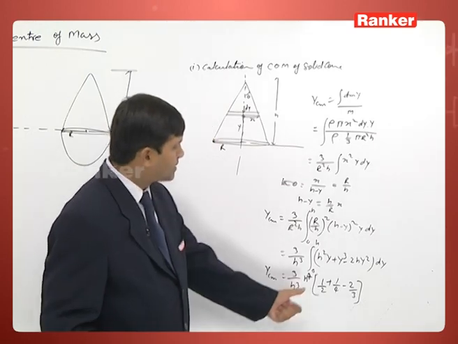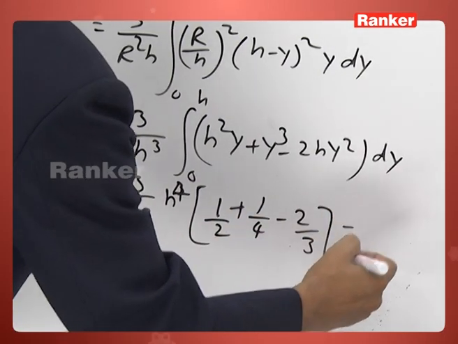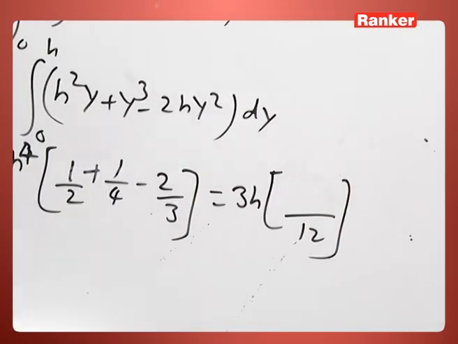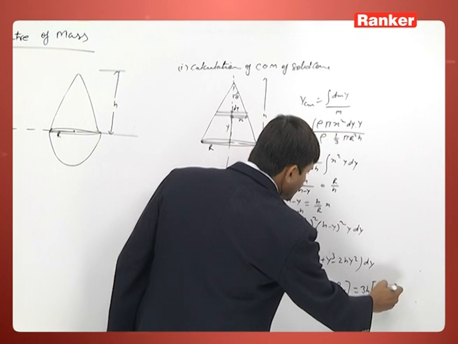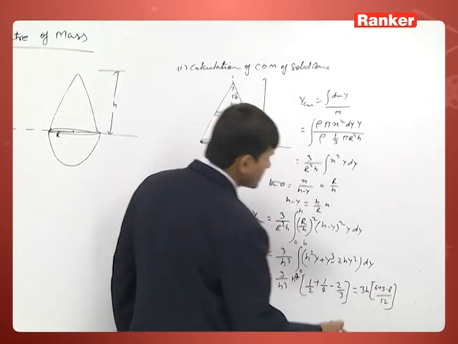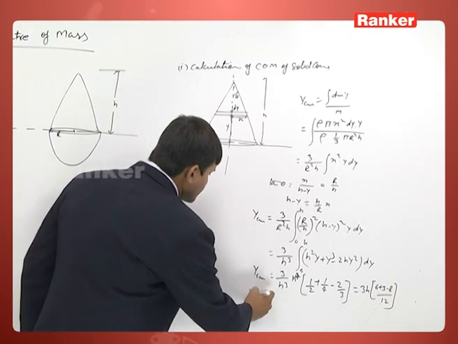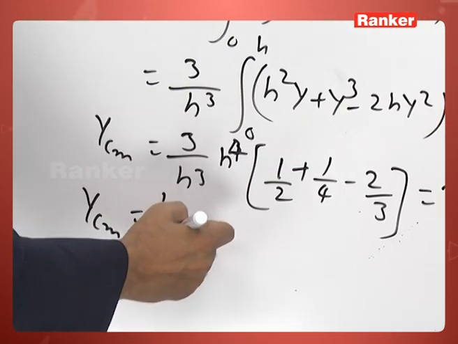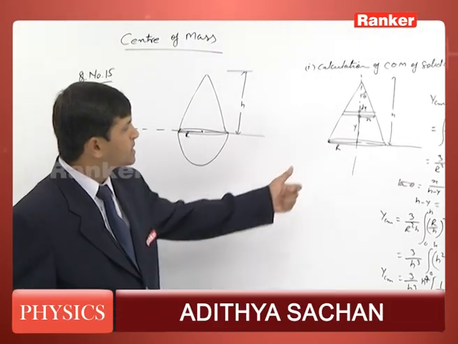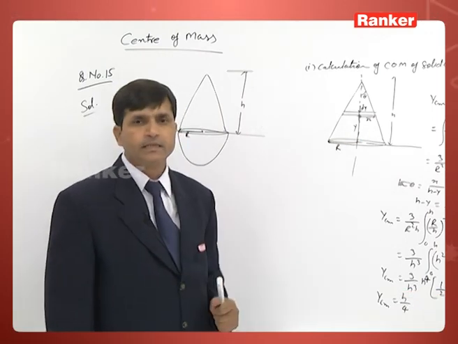So finally, when we are simplifying this, take LCM here 12: 6 plus 3 minus 8. So this is 1 by 12 h by 4. The YCM is coming here as h by 4. It means the center of mass of a solid cone is at height h by 4 from the base.